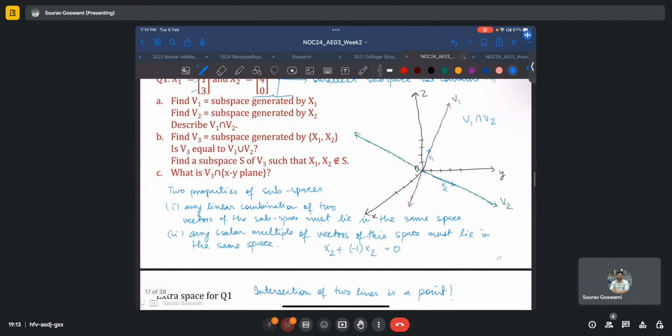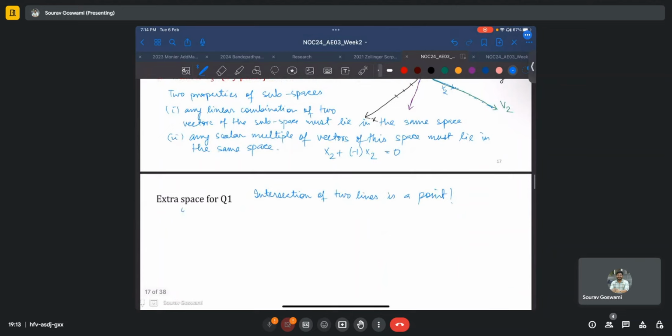Which point is that here? So that point is nothing but the origin. The intersection of the subspaces v1 and v2 is nothing but the origin.